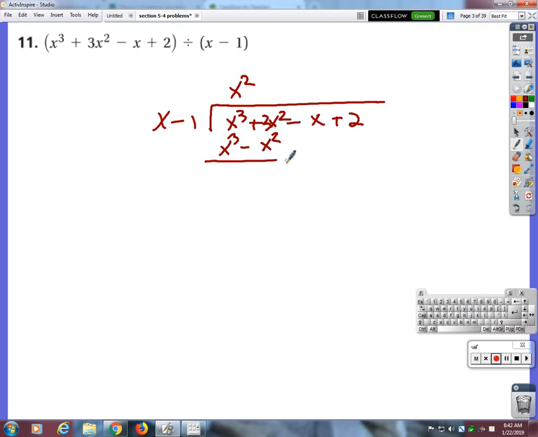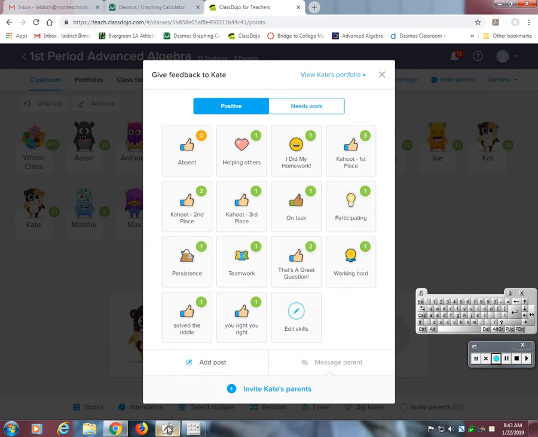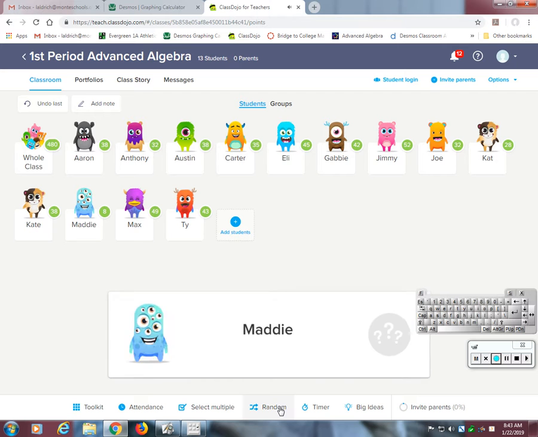And remember I told you when we were first going through this, this is where most problems occur. Good. So that gives you 4x squared. Good. So what Kate did is x cubed minus x cubed is 0. Those cancel. But then 3x squared minus a negative x squared is 3x squared plus x squared. So that's 4x squared. And then I'm going to bring down the negative x, and I am going to play again.